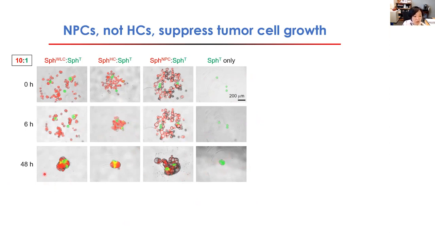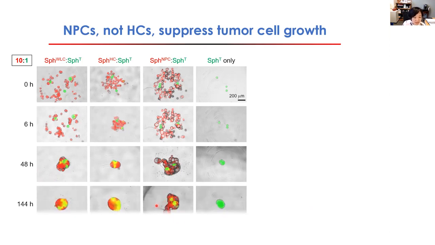Once they form these co-spheroids, as we call them, we monitor the changes in the area of the fluorescence to see how tumor cell expansion is affected by the different cells that are co-cultured with them. What we found, quite interestingly, is that tumor cells expand very nicely when they are co-cultured with the hepatocytes.